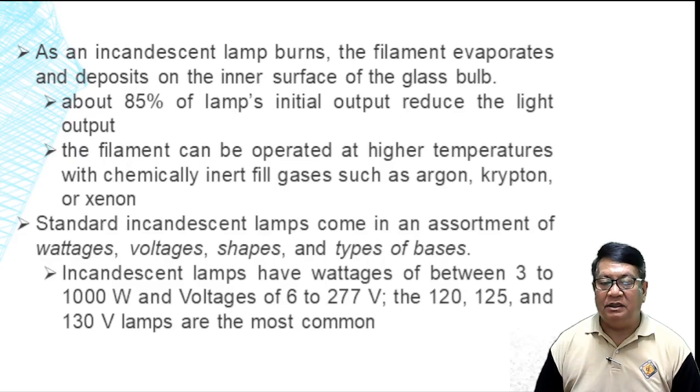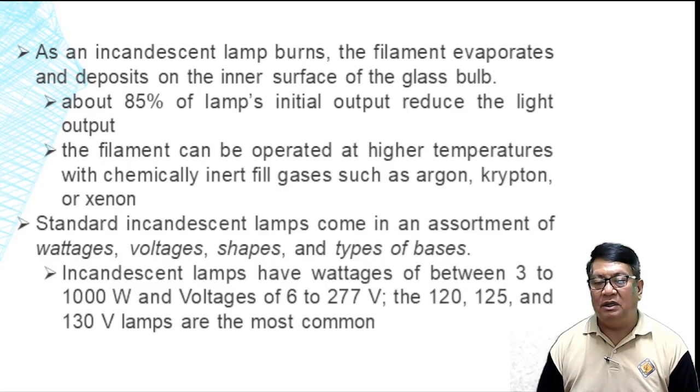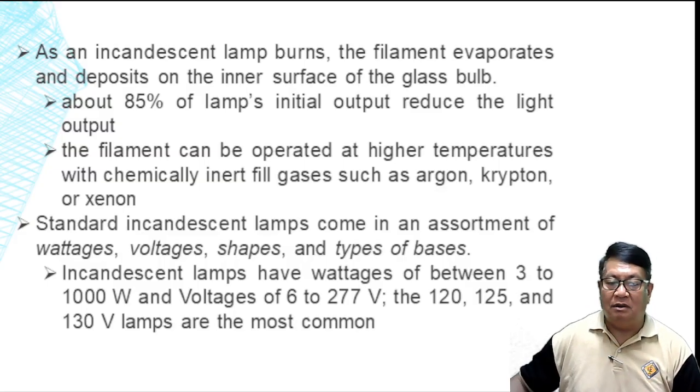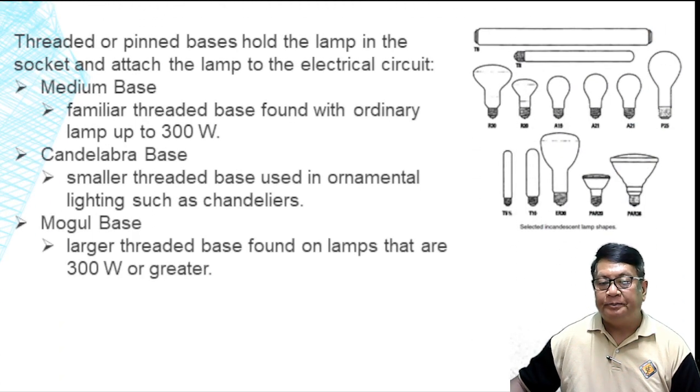Incandescent lamps have wattages between 3 to 1,000 watts and voltages of 6 to 277, and even 120, 125, 130, and here in the Philippines we have 230 to 250 volts. These are the voltage ratings of our incandescent bulbs. The base is also either threaded or pin type.